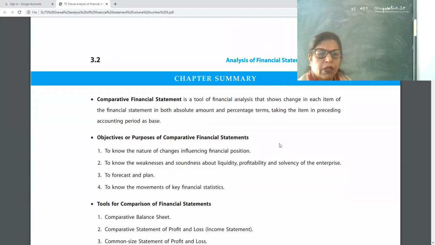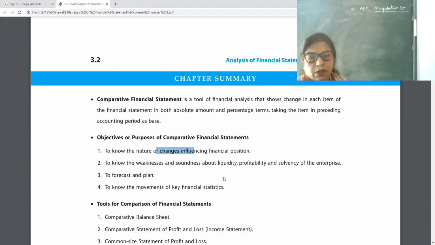So now comparative summary we are doing. Why do we prepare comparative statement? To know the changes which are influencing financial position. Okay, to know the liquidity, profitability and solvency position, forecast and plan.